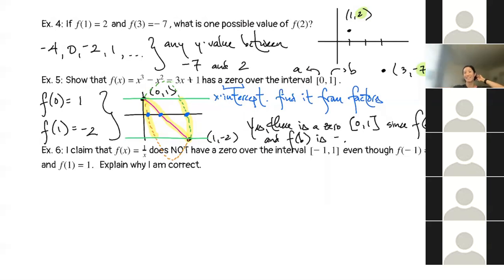Yes, that is exactly it. I don't know where it is, right? That's the weird part. I don't know where it is, but I know it happens because there's no way to get from a positive y value to a negative y value without going through 0.